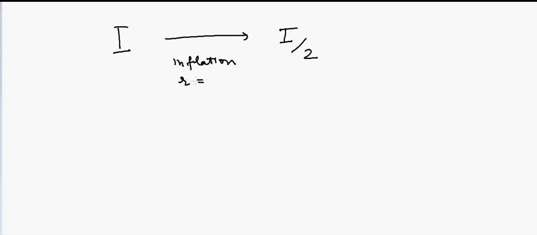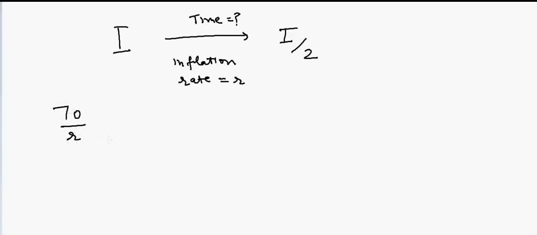So the inflation rate is r, and you want to calculate how much time it will take. Your investment is becoming half because of the inflation. So how much time should it take for your investment to become half? The simple trick to approximate the time is: take the number 70 and divide by r.